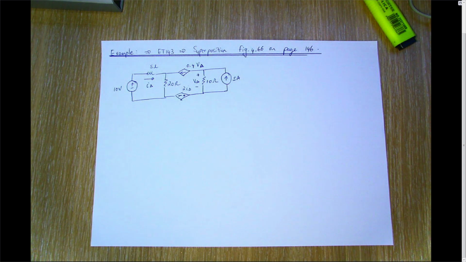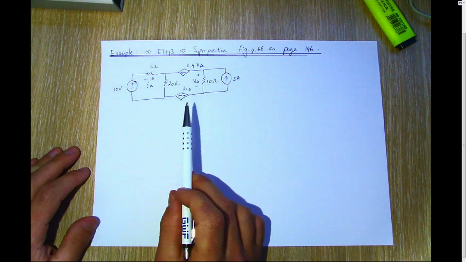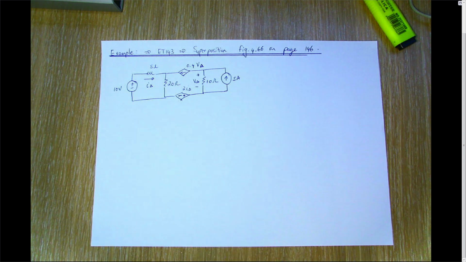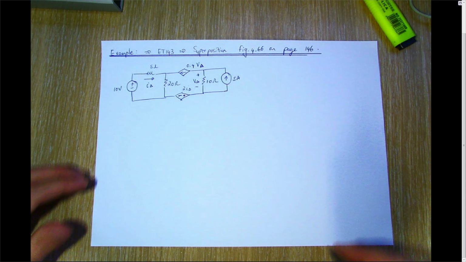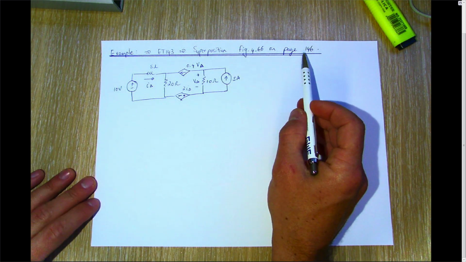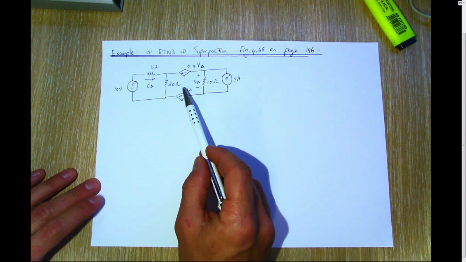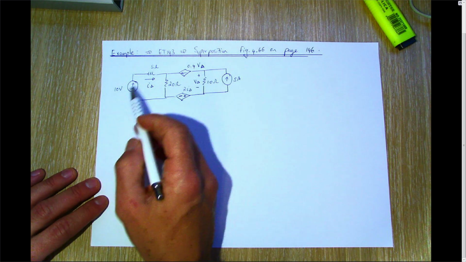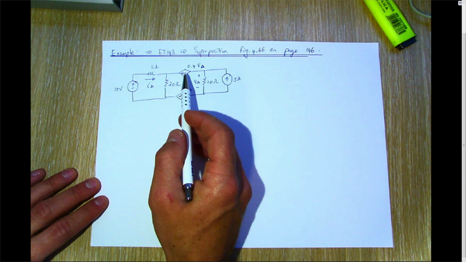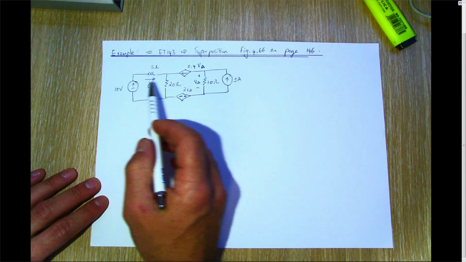All right, so this is the example that we're going to do some superposition on. It's on page 146 of my textbook, and this is figure 4.66. So what we have is a circuit that looks like this, containing both dependent sources and independent sources.